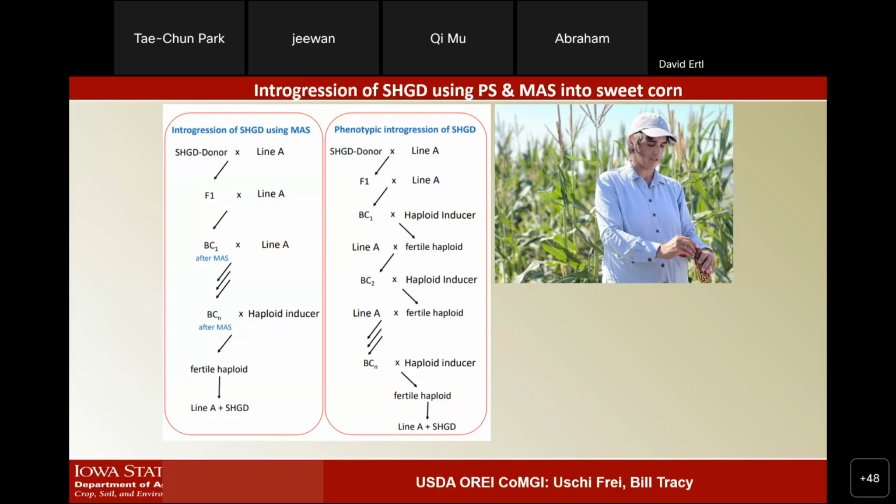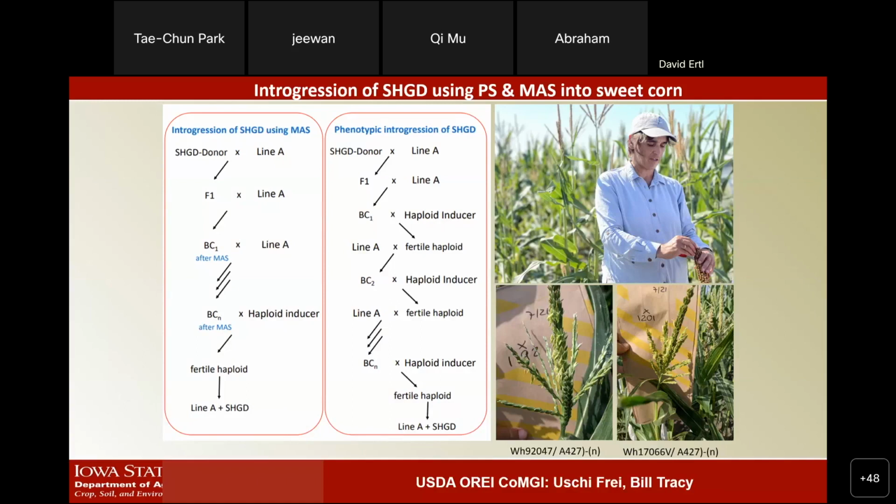She's using either marker-assisted backcrossing or a procedure where she is doing the phenotypic evaluation of haploid plants in each generation. And so far we are obtaining haploids in subsequent backcrossing steps, and we hope to be able to incorporate it into different sorts of backgrounds.